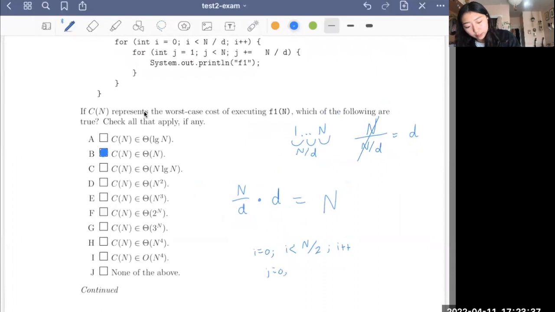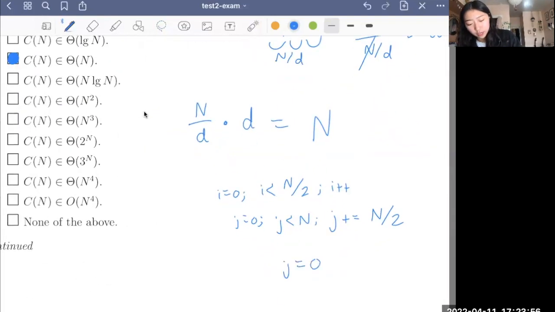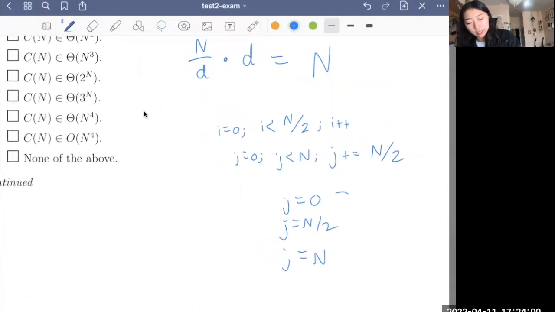We're going to go until j is less than n, and j increments by n over 2. And so how many times does this inner loop happen then? Well, j first equals 0, then j equals n over 2, and then j equals n, because we're taking giant steps. We just do it twice.